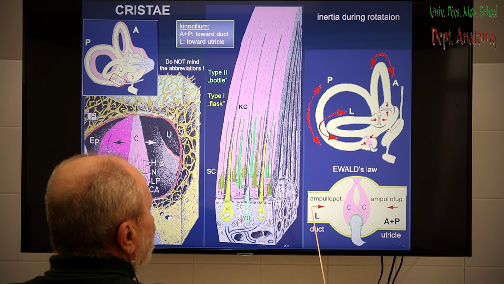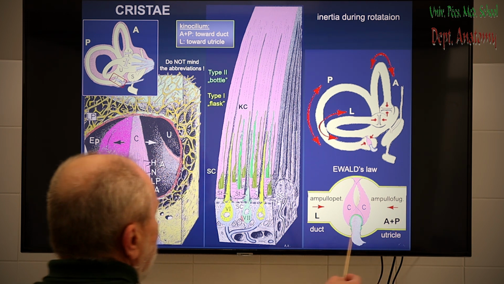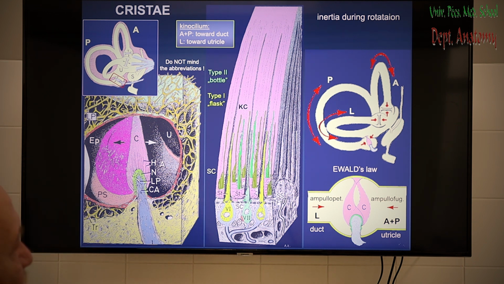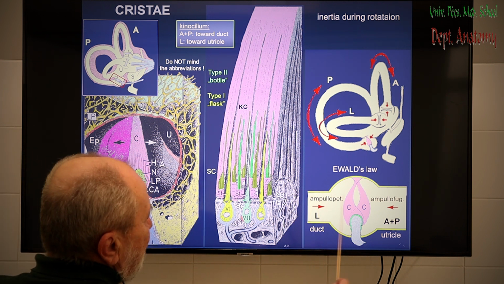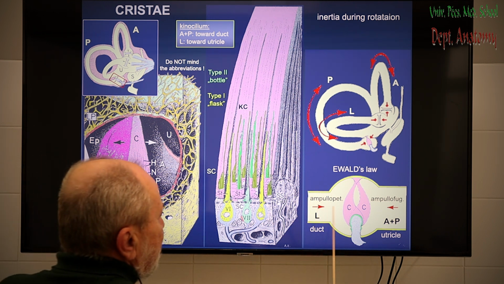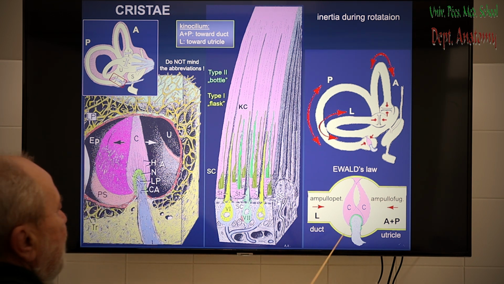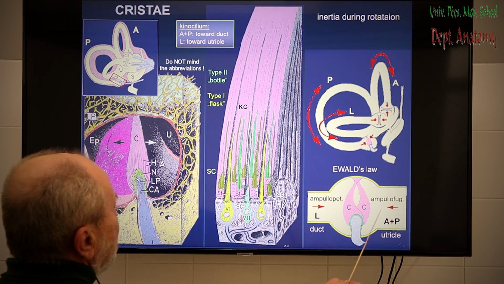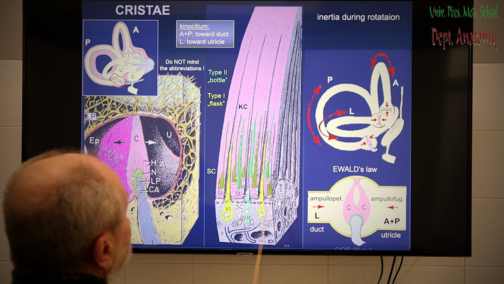This is called the ampullopetal flow, and opposite to it, away from the ampulla, there is ampullofugal flow. Because of the specific orientation of the kinocilia, the ampullopetal flow is the one which makes activation in the lateral semicircular canal, and ampullofugal is the proper stimulus to be perceived by the receptor cells of the anterior and posterior semicircular canals. This is called Ewald's law in general.